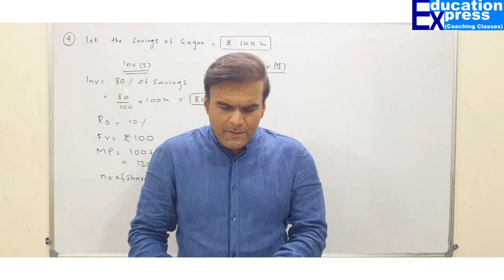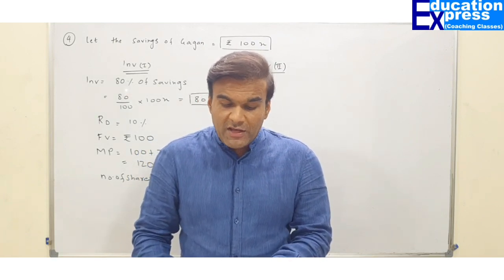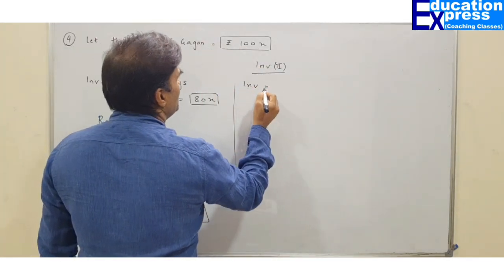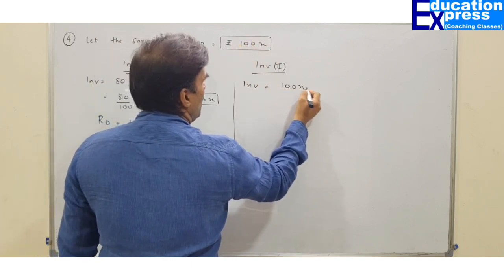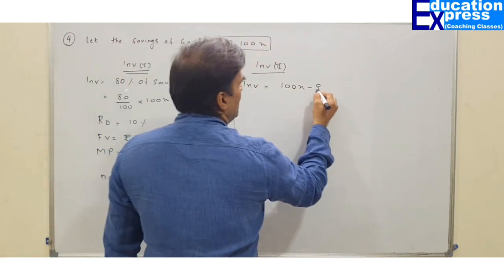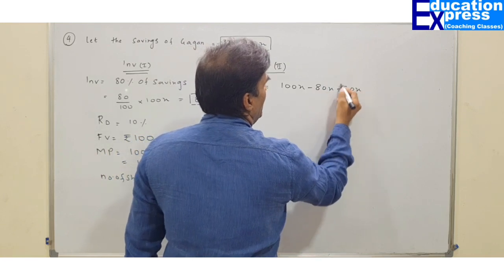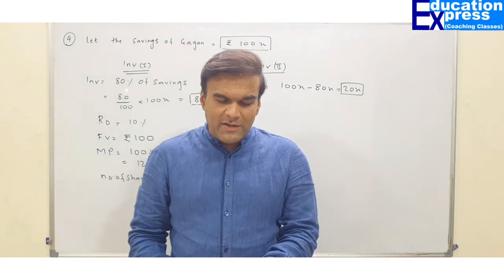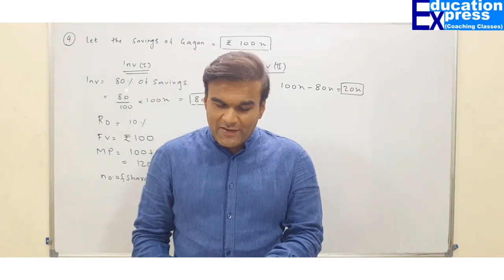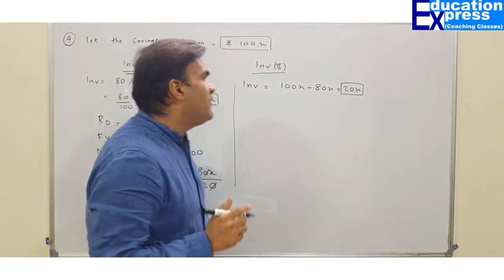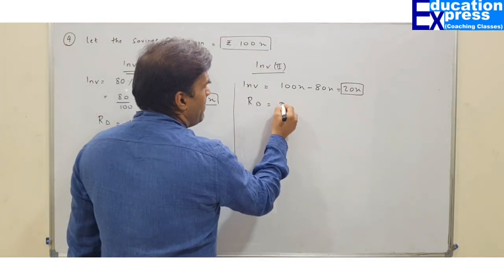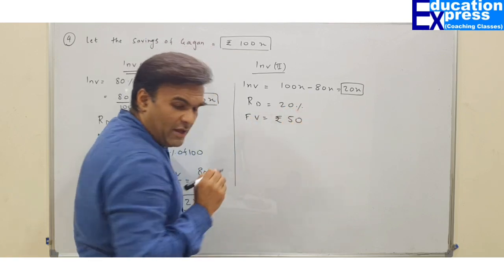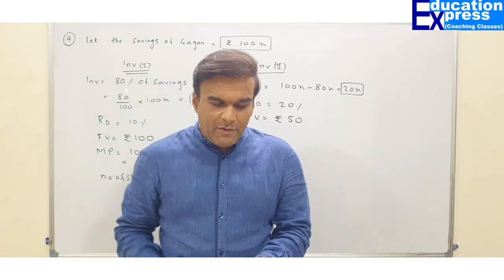So they say, and the rest of his savings in 20% rupees 50 share. Rest of his savings means balance. Total investment was 100x, out of which 80x was invested over here. So the balance amount of investment would be 20x. The rest of his savings is in 20% rupees 50 shares. Rate of dividend is 20%. Rupees 50 share means face value is 50, at 20% discount.